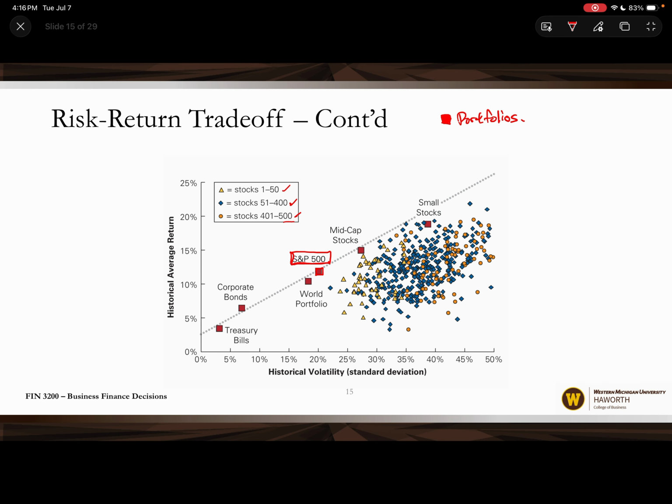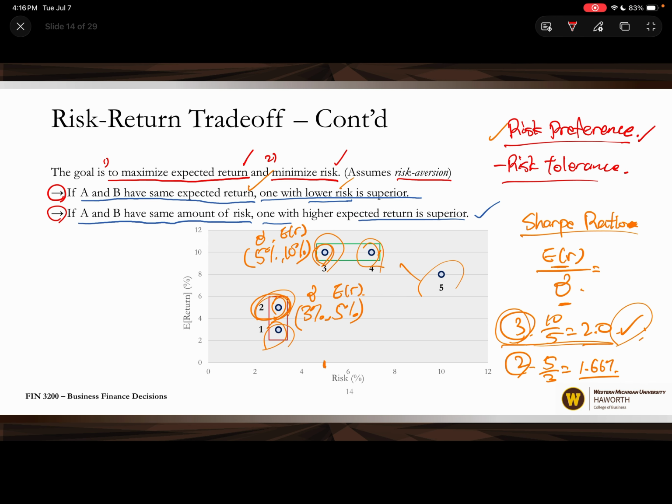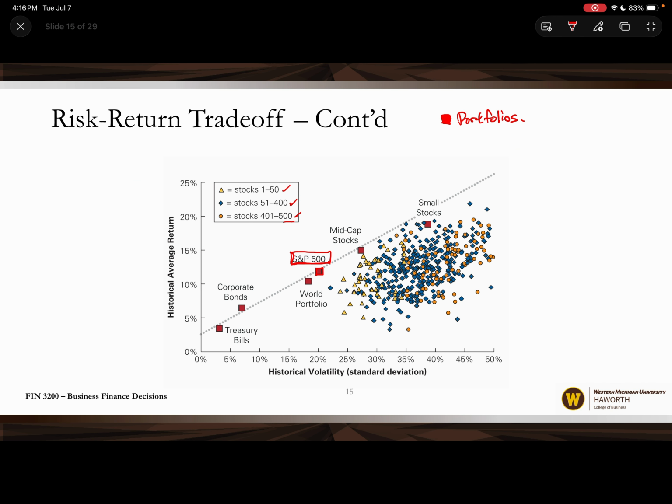Okay. So what this is showing you, we're gonna use what we saw here. Okay. Basically, we're gonna look. Yeah, the conclusion here is basically if we compare the S&P 500 index, which is right here, has about a 20% volatility and an expected return of about maybe 12%, right? So if we compare this against individual stocks, one way to see this is drawing a horizontal line this way.